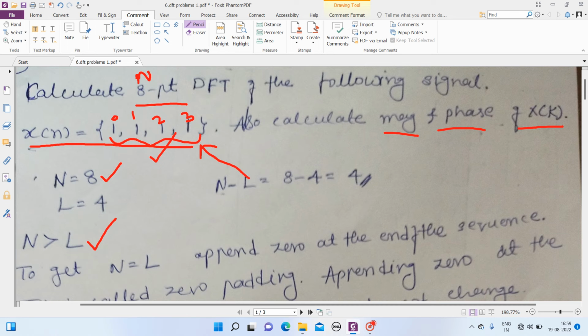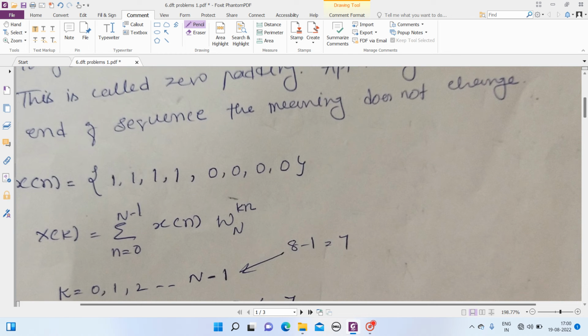Here N is greater than L, so I have written N minus L. That's all. Here we need to append 4 zeros at the end of the sequence of x of n. See, here I have appended 4 zeros at the end of the x of n sequence.